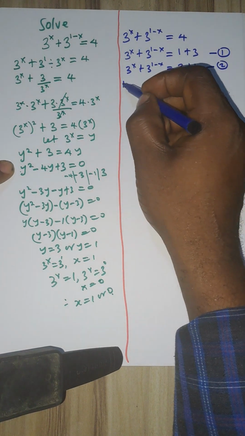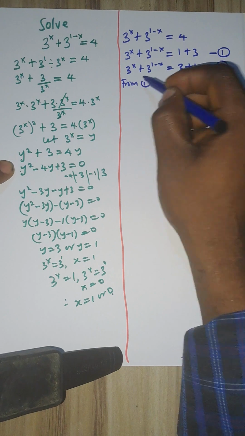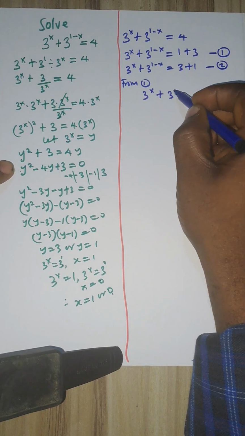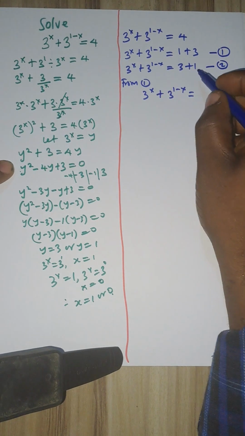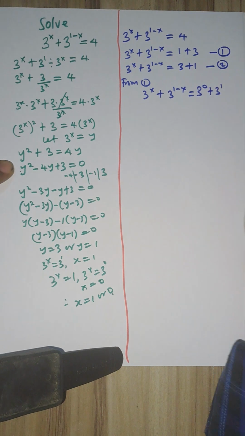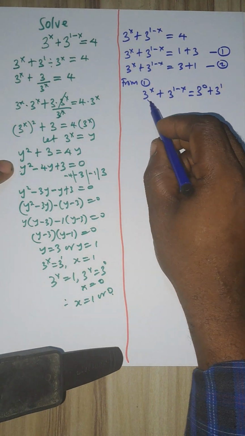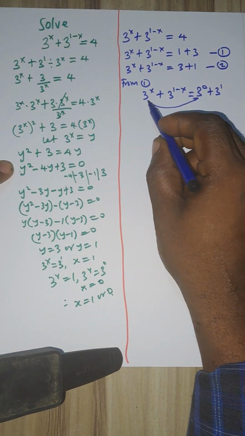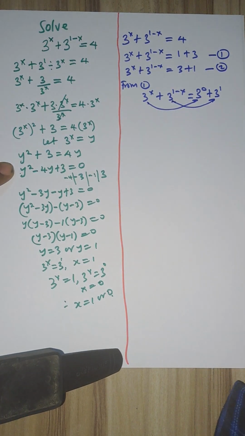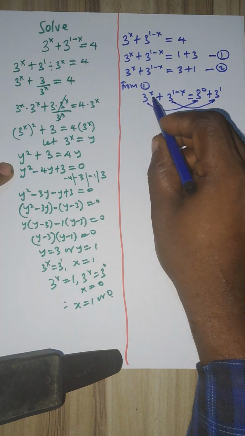Then from equation 1, you can see that 3 to the power of x plus 3 to the power of 1 minus x equals 1 plus 3, where 1 is 3 to the power of 0 and 3 is 3 to the power of 1. Then this and this are equal, this and this are equal. So if they're equal, you equate their exponents.